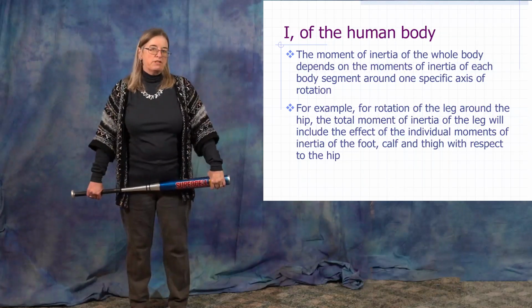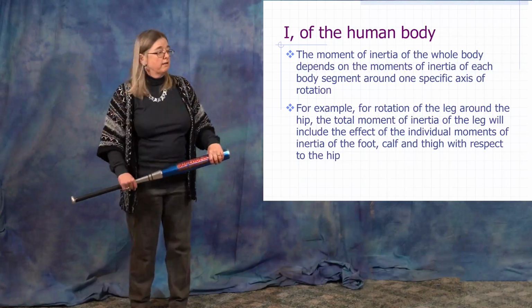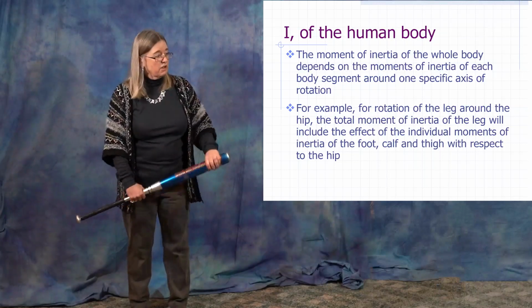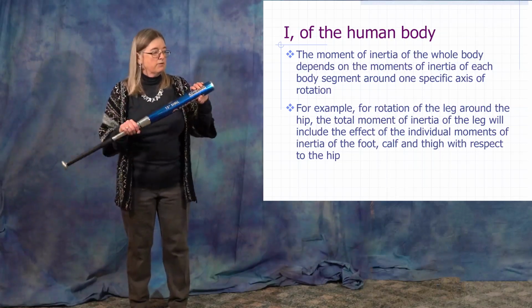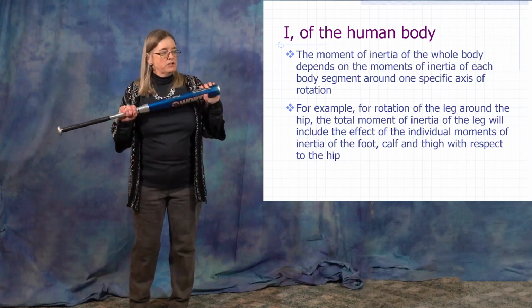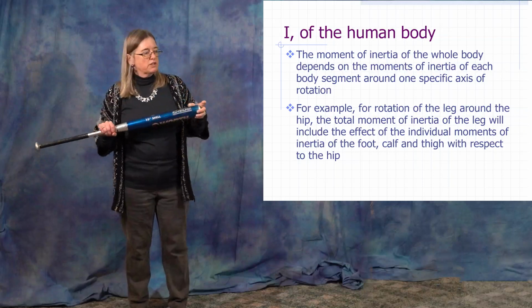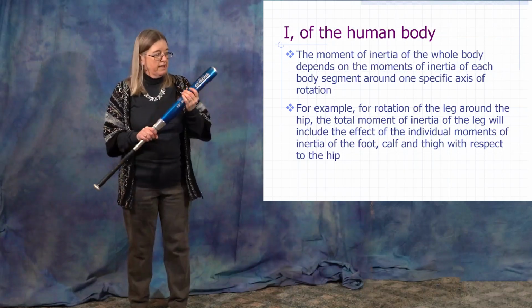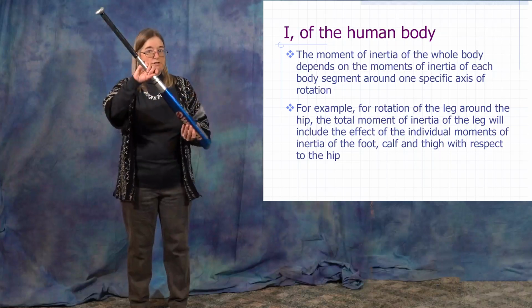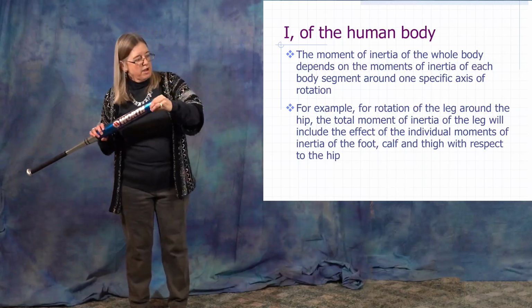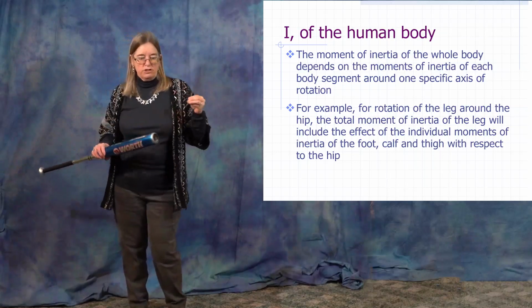The moment of inertia of the whole body depends on the moment of inertia of each of the segments around a specific axis of rotation. So for the example of a rotation of a leg around the hip, the moment of inertia of the leg will include the effect of the individual moments of inertia of the foot, calf, and thigh with respect to the hip.